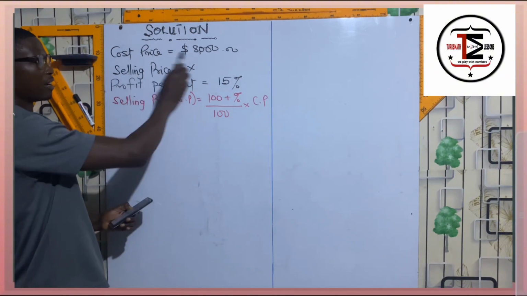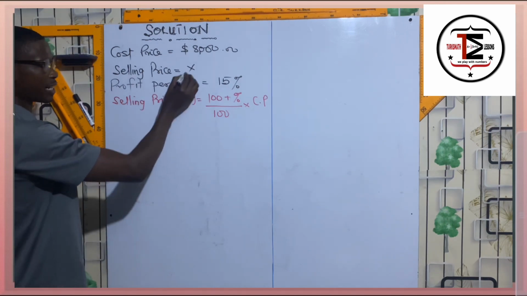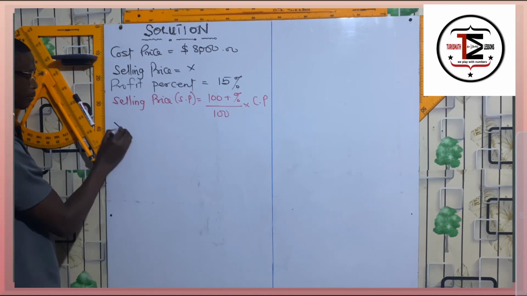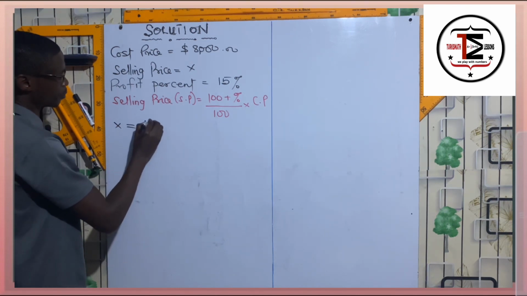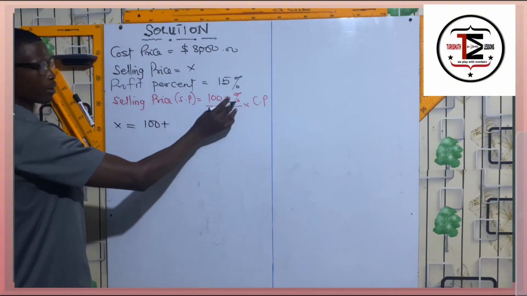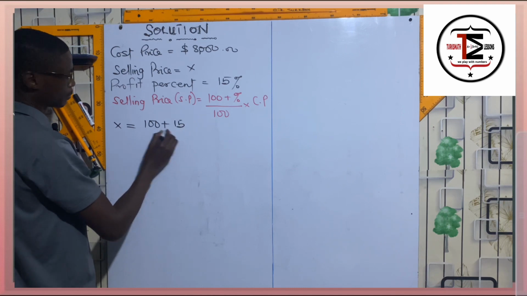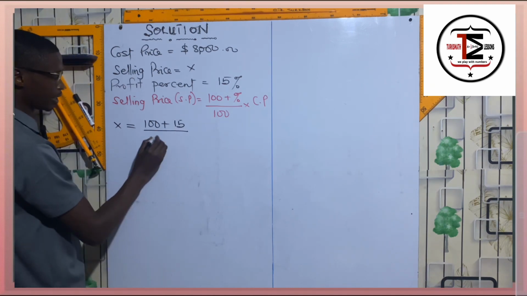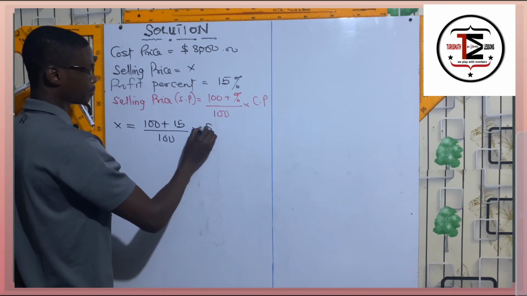So we know we have our cost price here. Let's go straight forward. Our selling price given here is X. Profit percent here is 15 out of 100 times our cost price.